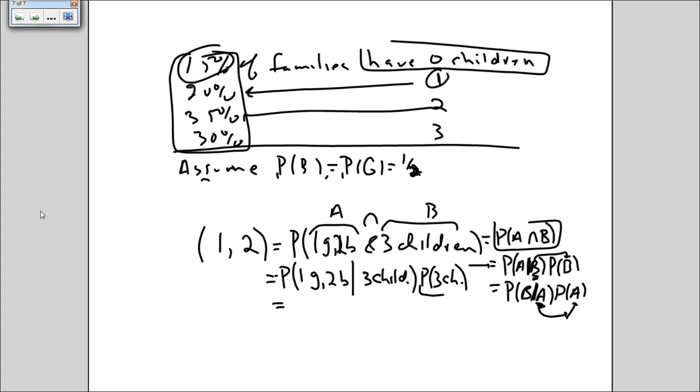Well, the probability you have 3 children, we know, is 0.3, times, so we know you have 3 children. What's the chances you have 1 girl and 2 boys? By the way, before I forget, this is the same as having 2 girls and 1 boy.